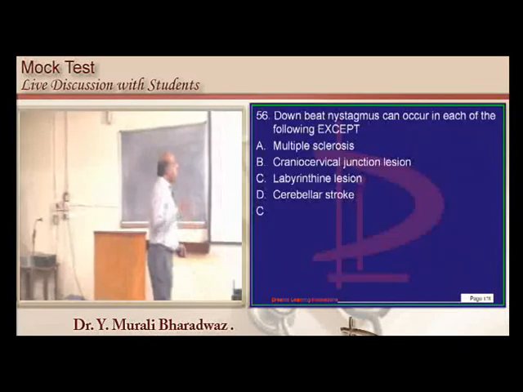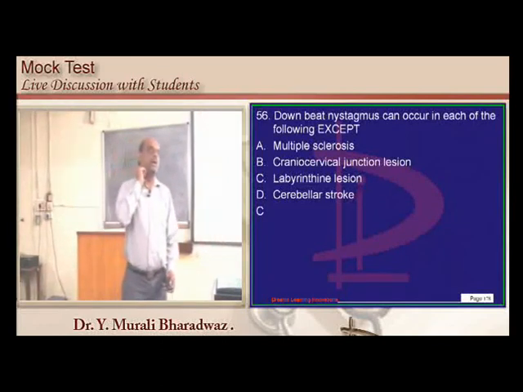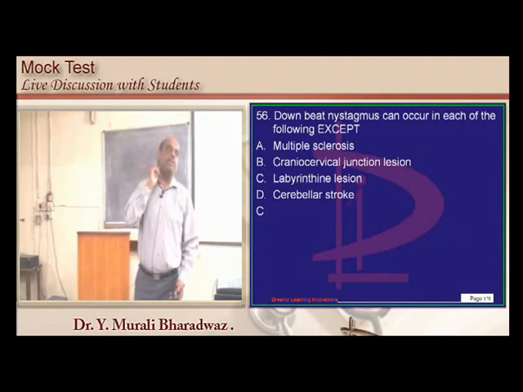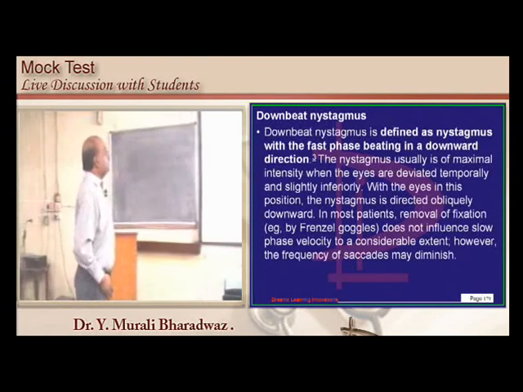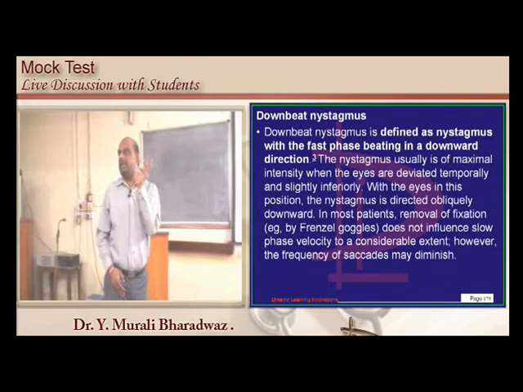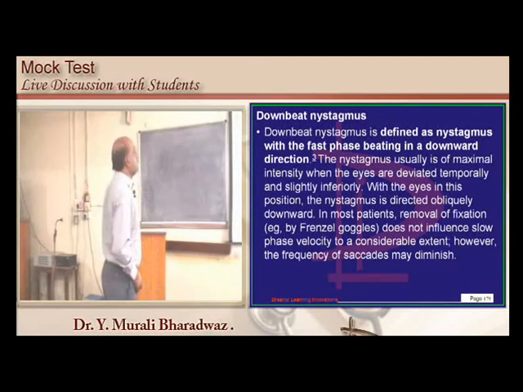What is a downbeat nystagmus? Always a downbeat nystagmus means cervicomedullary junction, there is a lesion. So that is the reason craniocervical junction lesion or any demyelinating lesion or a cerebellar stroke, any of them can lead to a downbeat nystagmus is what you have to basically remember.